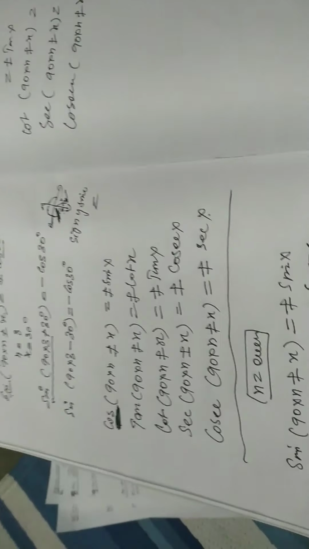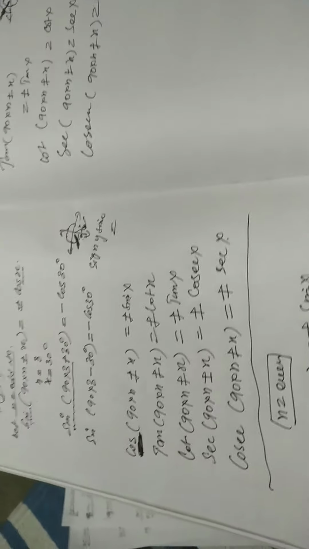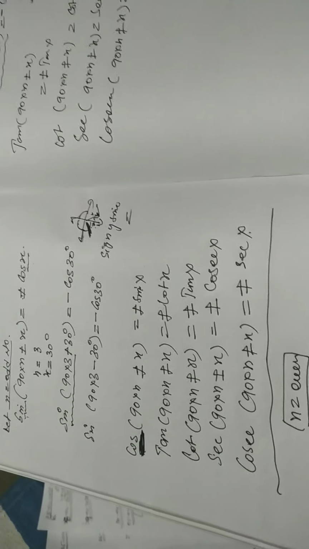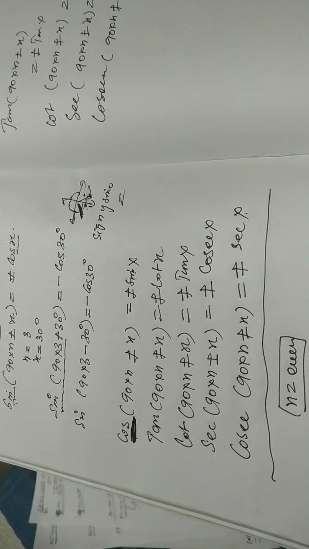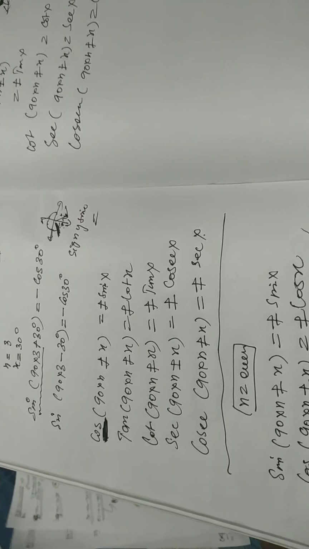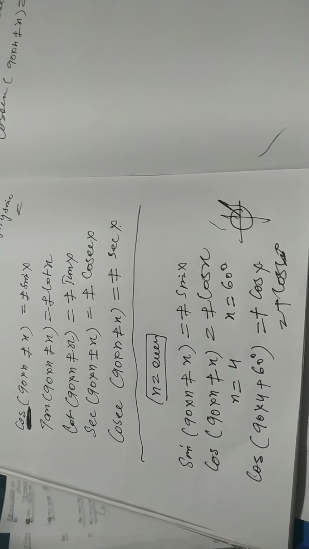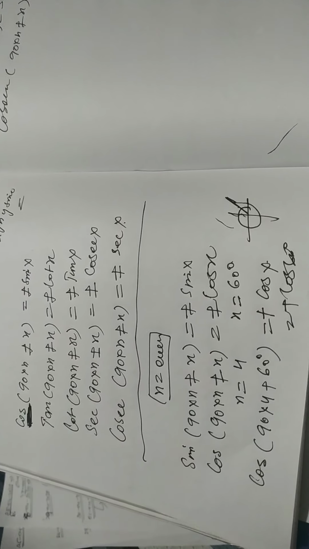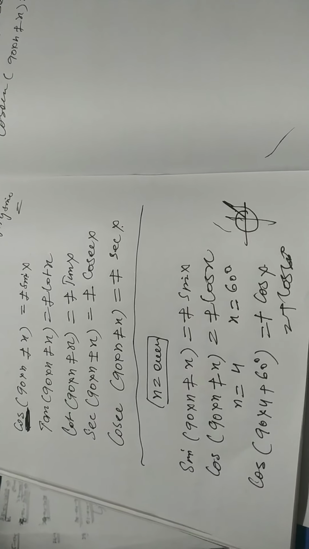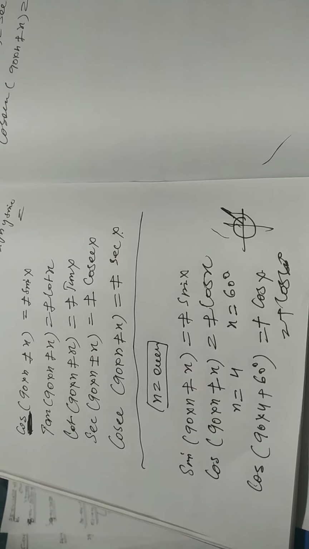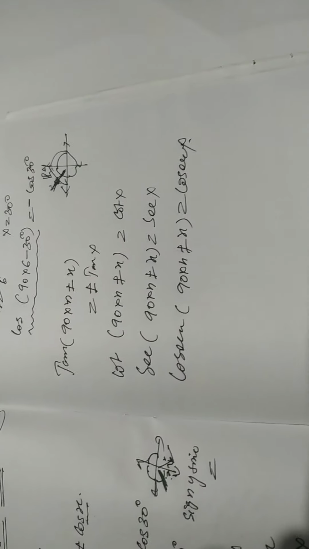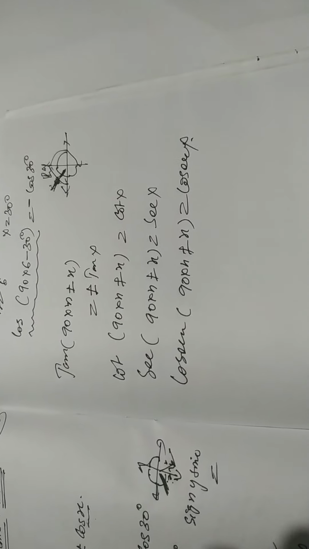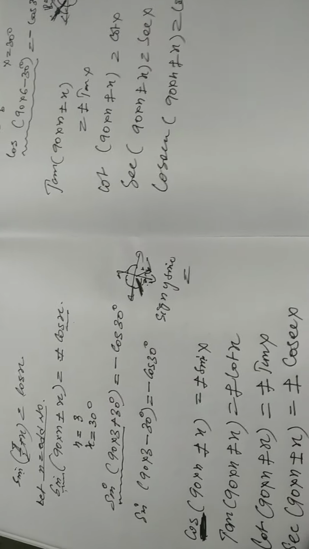When n is odd, sine changes to cos and cos changes to sine, and we look at the sign of the left-hand side depending on which quadrant it lies. If n is even, sine does not change, nor do cos, tan, cot, sec and cosec; all trigonometric ratios stay the same, but the sign depends on the quadrant. Look at the sign on the left-hand side.